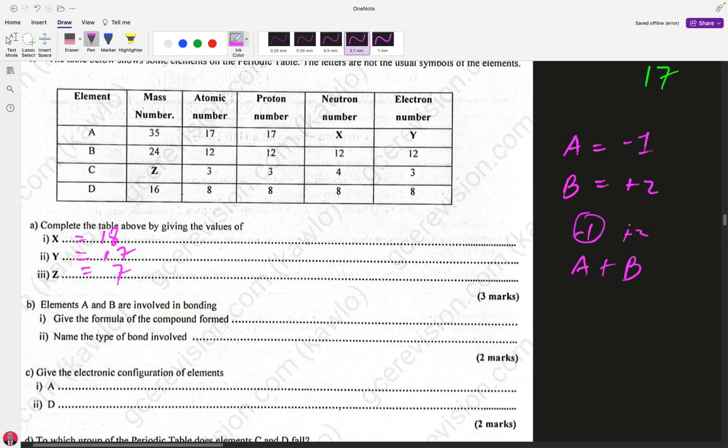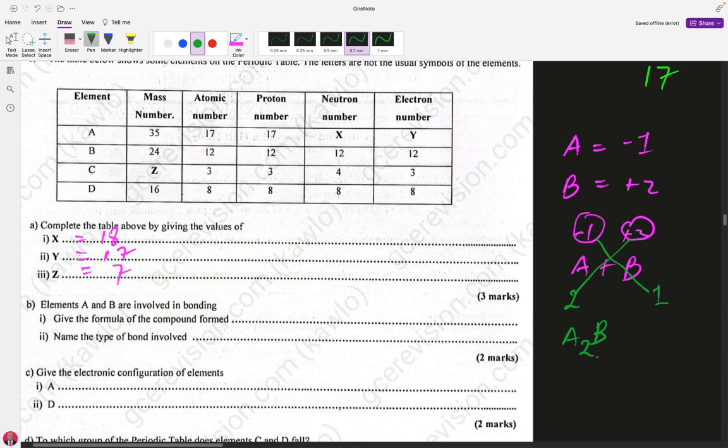For them to form a compound, they need to swap their charges, or swap their valences. So the 2 comes here and the 1 comes here. So what becomes the formula? The formula becomes A2 and B. You don't need to write 1.